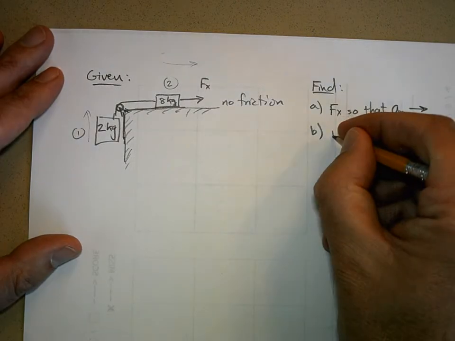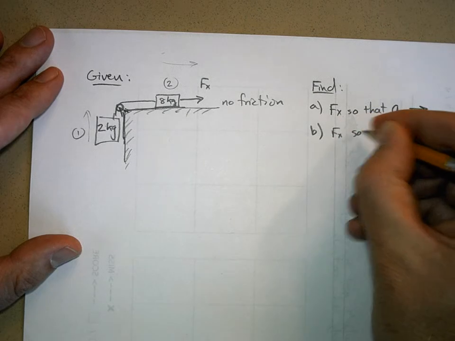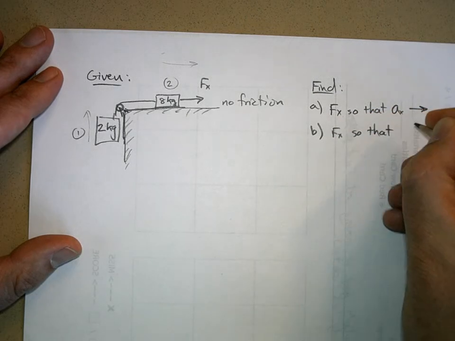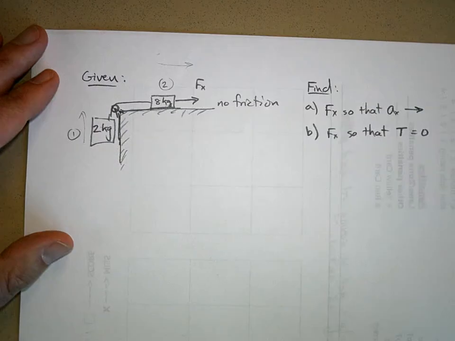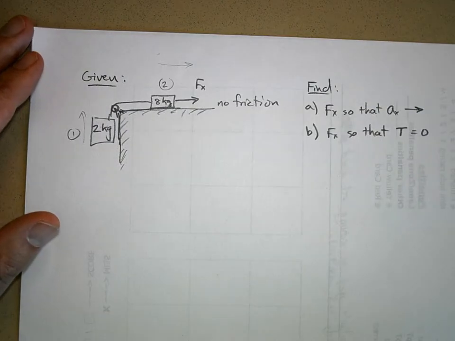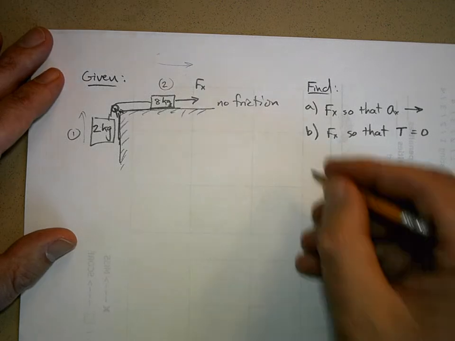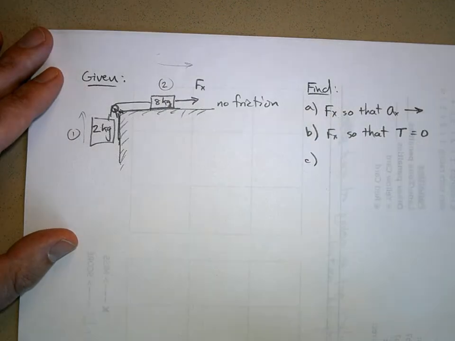And then f sub x, so that T equals 0. Now T is the tension in the string. And then for part C, we want to graph, let's see, what did it say?